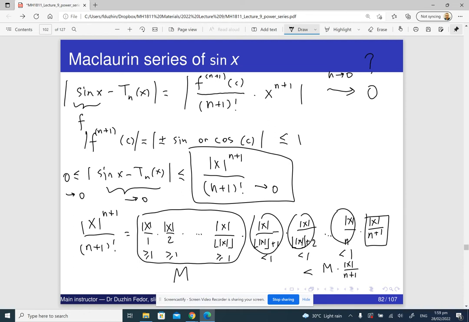And here, if you take the limit as n goes to infinity, this is going to be 0, because now we just have a constant divided by n, and it clearly goes to 0.